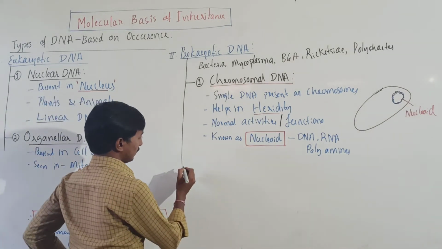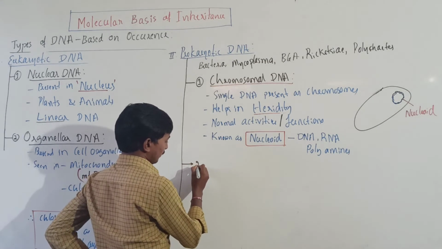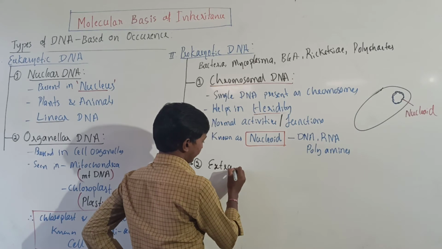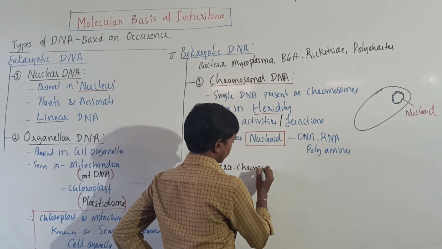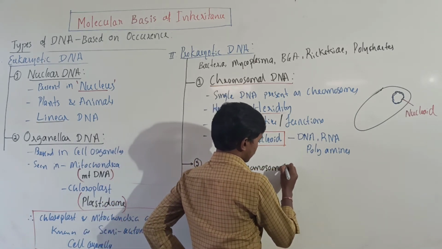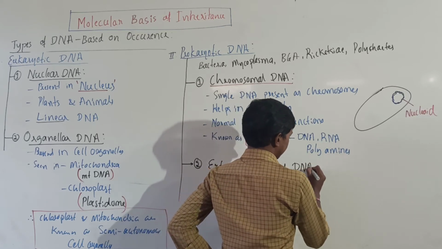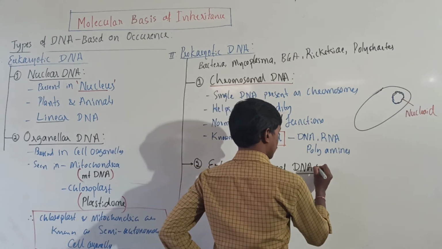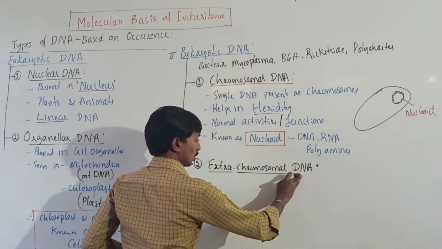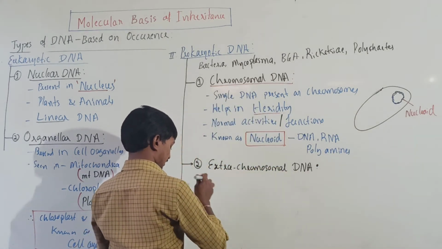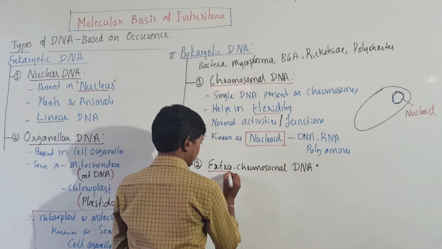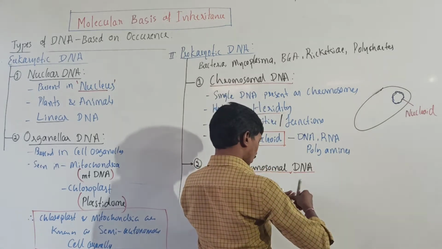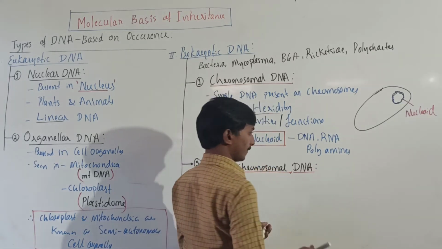The second type of prokaryotic DNA is very important. That is extra chromosomal DNA. Extra means additional, extra functions. It's not the normal DNA. Whereas the DNA we saw earlier performs normal functions, this DNA will perform additional or extra functions.